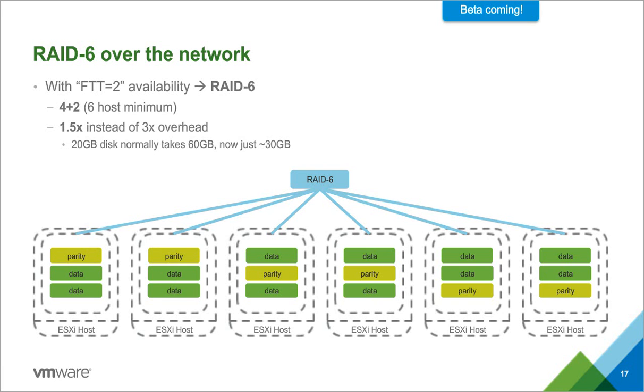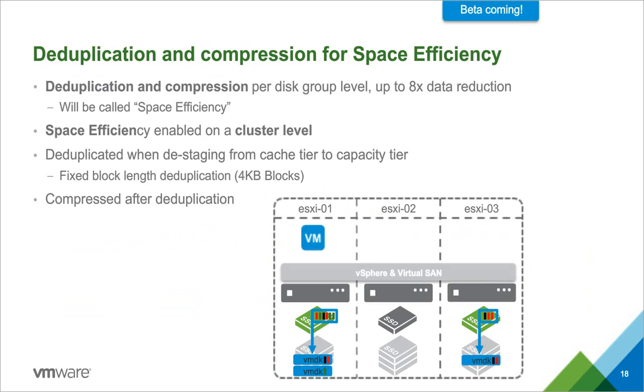Another technology that there's a lot of excitement around is deduplication and compression. And this is going to be for flash only, as will the erasure coding. What these technologies will allow us to do is go very granular with that deduplication and compression. We're looking at a 4K block size. So this means we'll be able to get great data reduction.